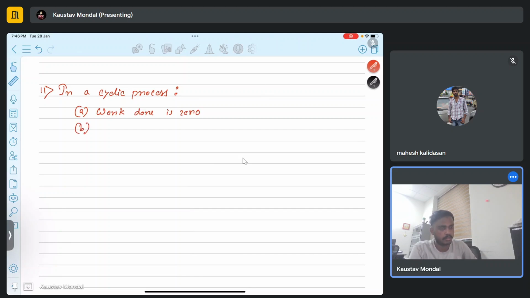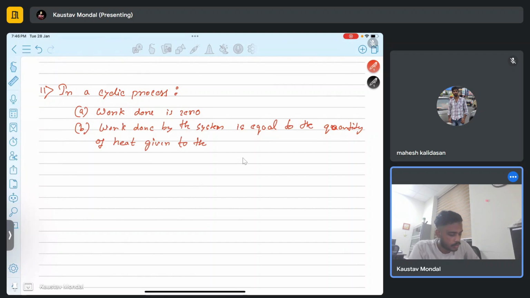Option B is work done by the system is equal to the quantity of heat given to the system.